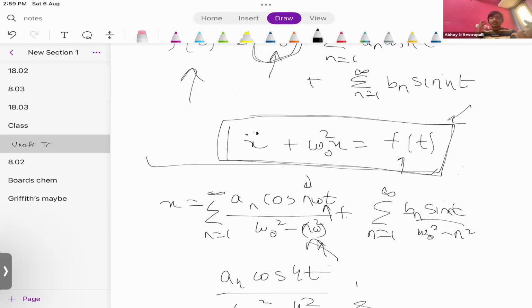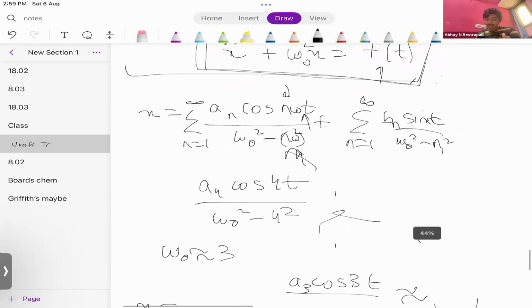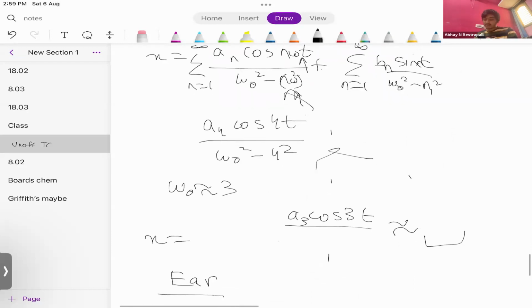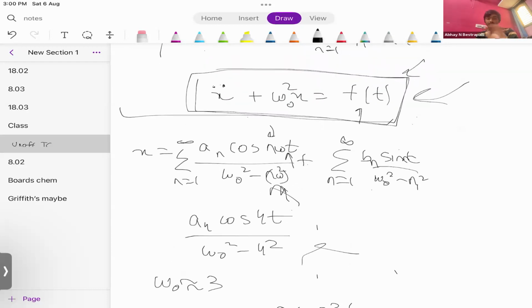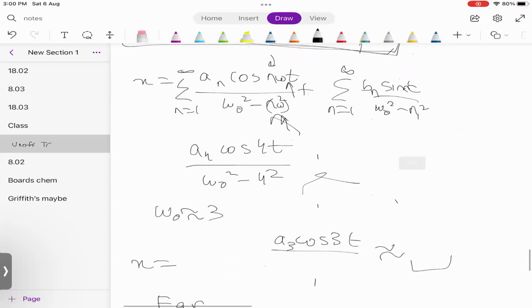If it has, for example, a period of 4 pi instead of 2 pi, then we'll write a1 cos t by 2 plus a2 cos t plus a3 cos 3t by 2. Do you get what I'm saying? These are special only because we're choosing ft to have a very specific period of 2 pi.